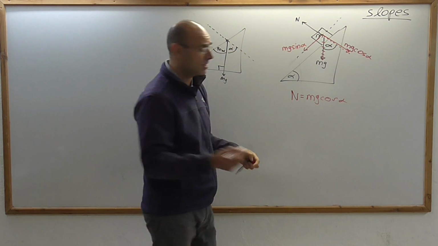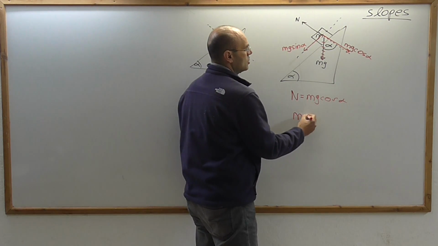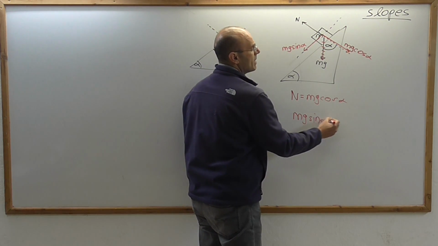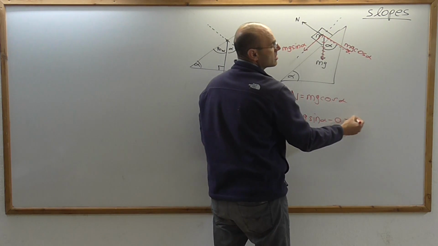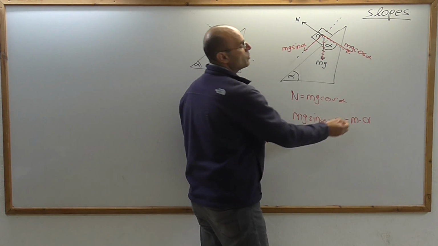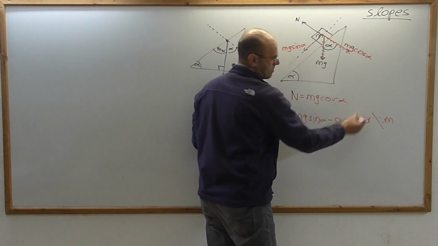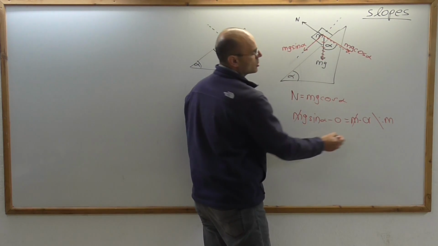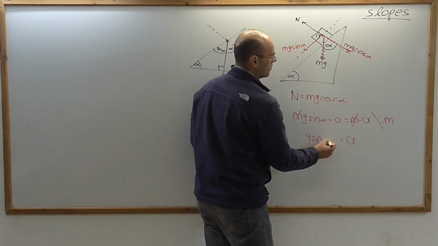So if I want to find the acceleration, according to the second law, mg sine alpha minus nothing, because there's nothing there, equals mass multiplied by the acceleration. And if we divide this equation by m, we'll get the acceleration: a equals g sine alpha.